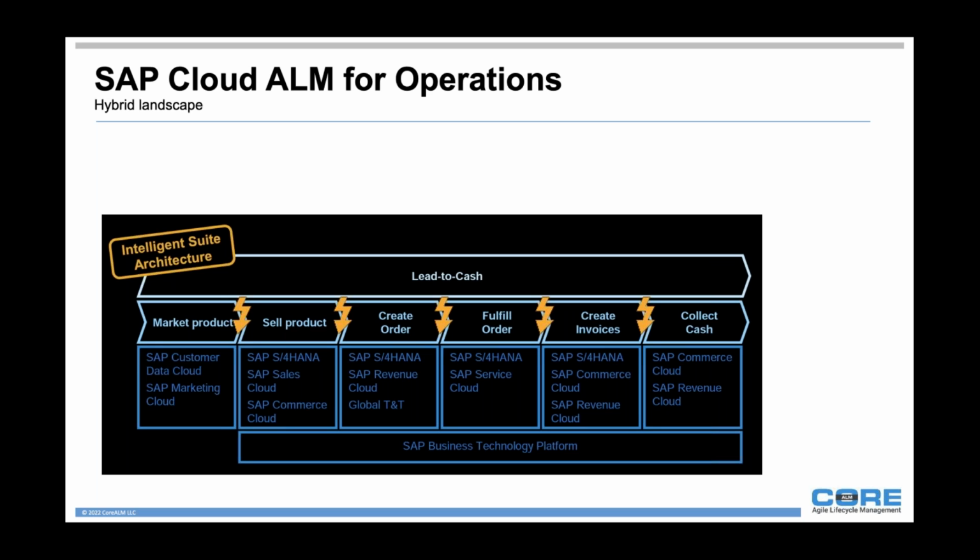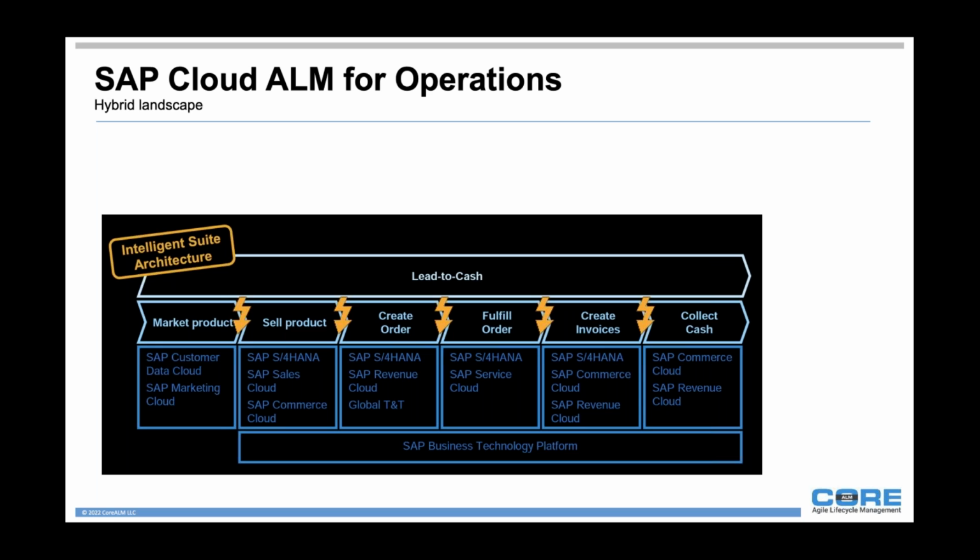So the idea is to have a view of your business process, and also, from a business continuity perspective, bring in a single view of monitoring for your business operations so that you could identify the issues proactively.